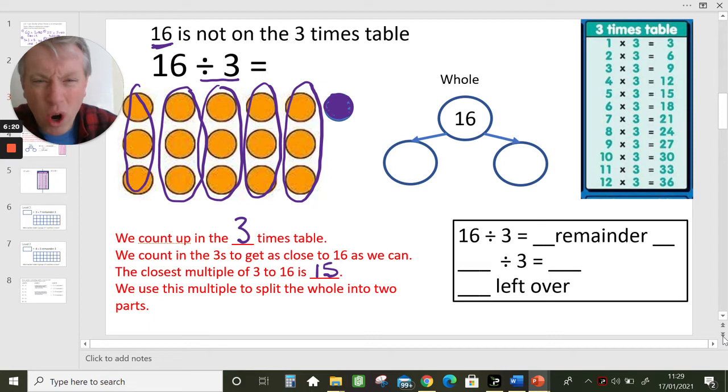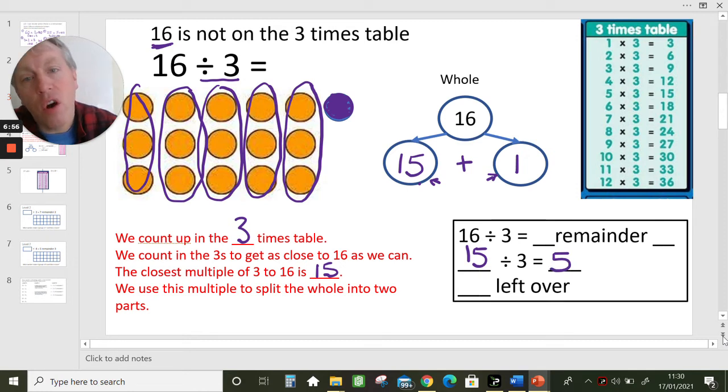The closest multiple of 3 to 16 is 15. So we don't want to always have to draw out 16 things and put them into groups. We can use a part-whole diagram. 16 is the whole. We're splitting it into the closest multiple of 3, 15, and 1. Remember, this part, 15, and this part, 1, have to add together to make the whole. Good. And then we know 15 divided by 3 makes 5. 5 groups of 3.